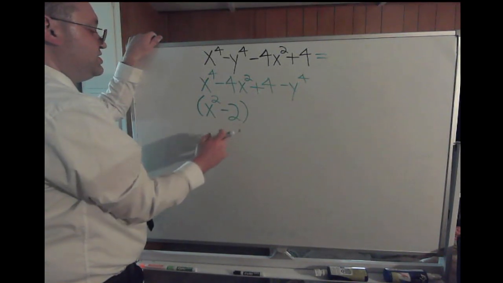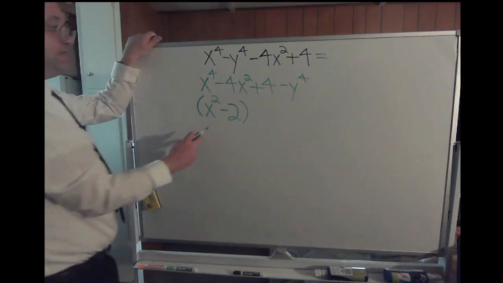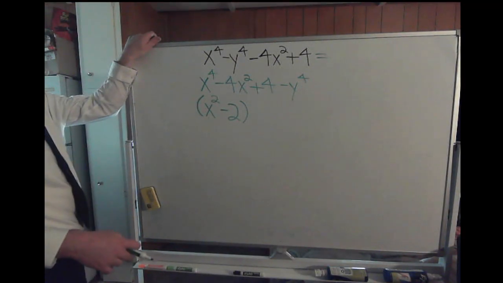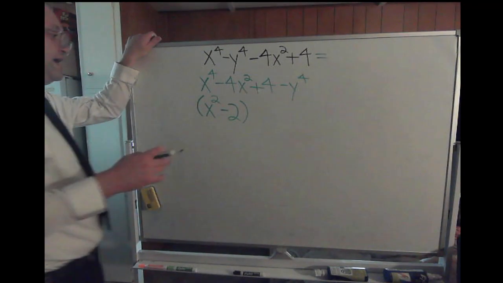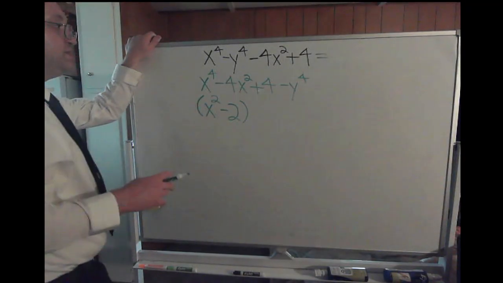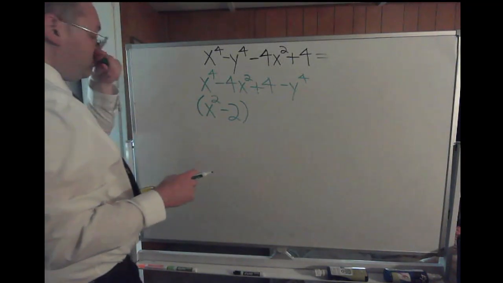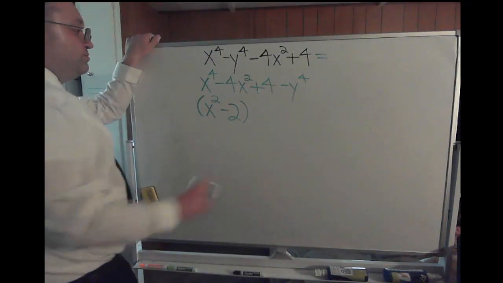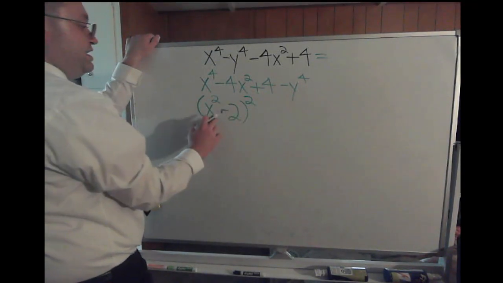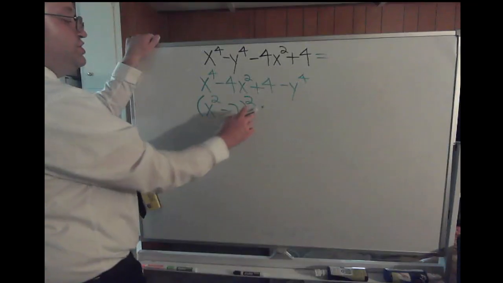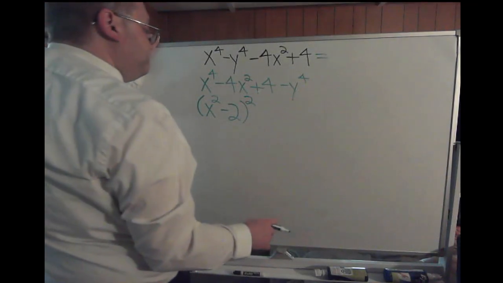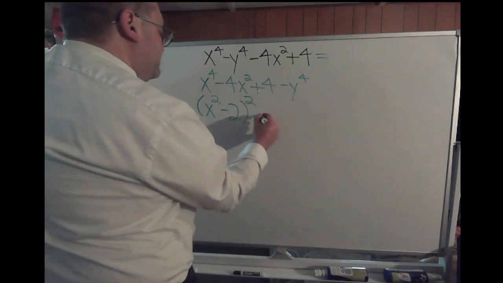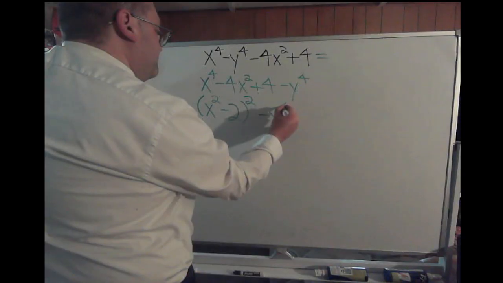If you take 2 times negative 2 times x squared, you get negative 4x squared. So that, in fact, does check out. So you have the quantity of x to the 2nd minus 2, that quantity squared, minus your y to the 4th.